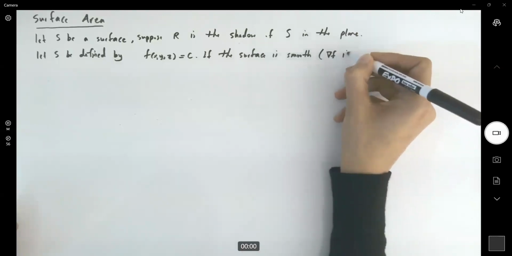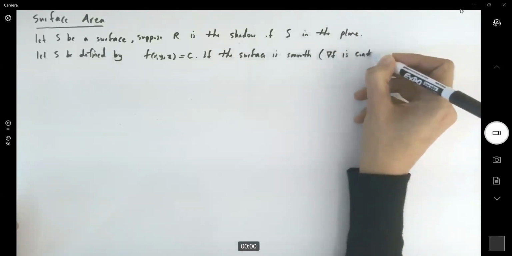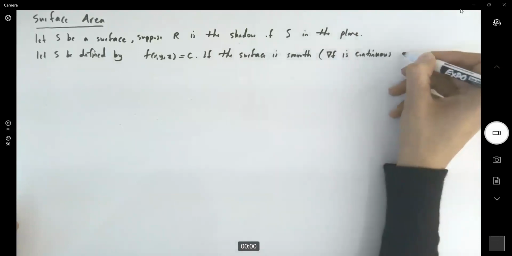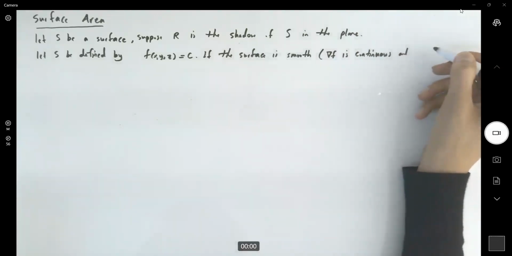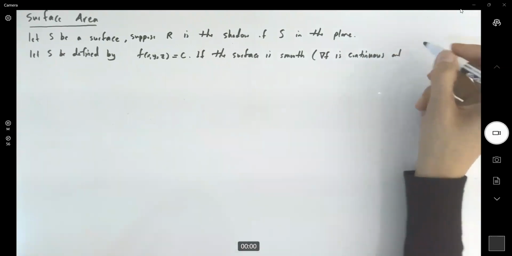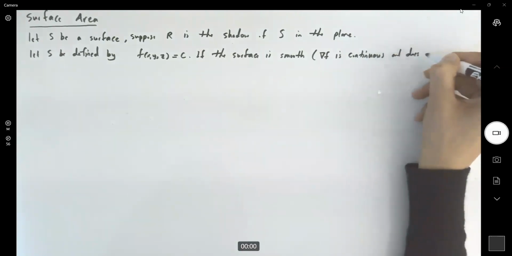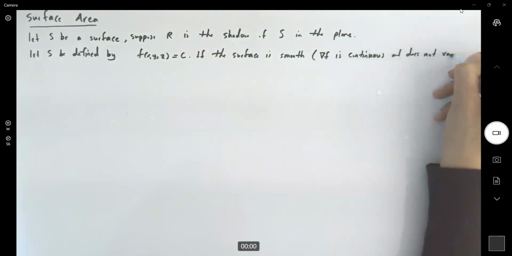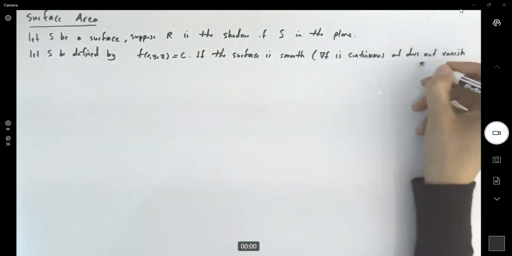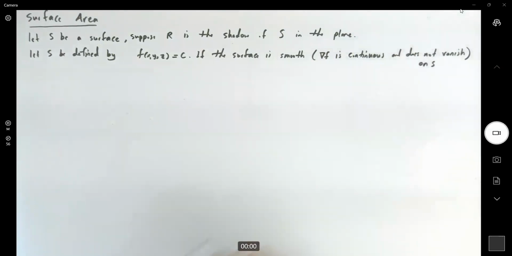The gradient is continuous and it doesn't vanish. It means that it's not equal to zero. Then we can define and calculate the area as a double integral over R.